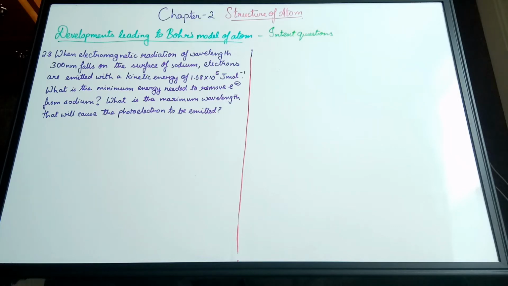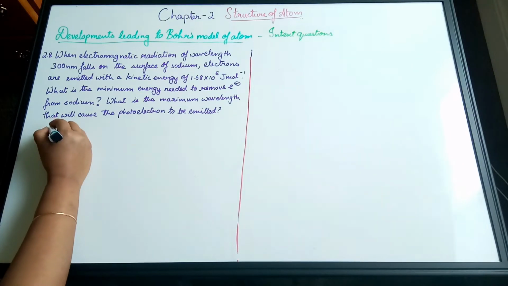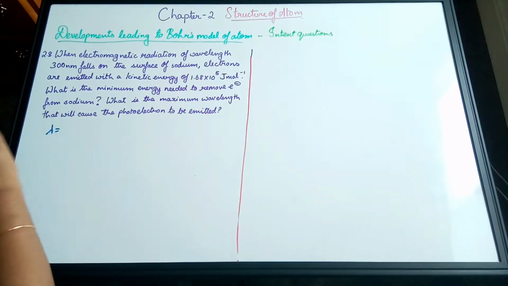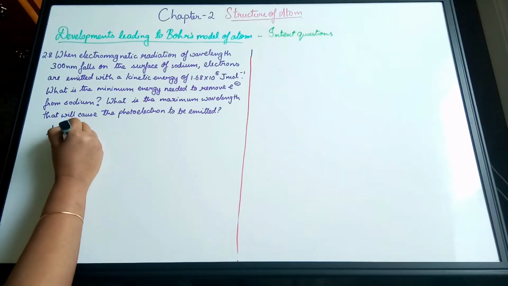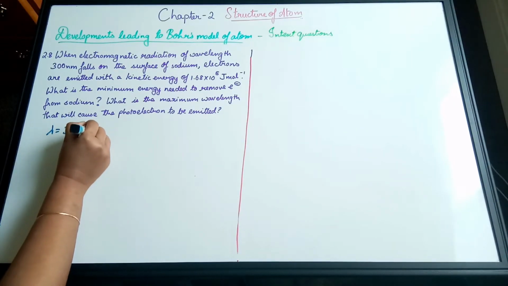Now, before we start all of this, let's first write out what has been given to us. We know that the wavelength of the particular electromagnetic radiation is 300 nanometer.